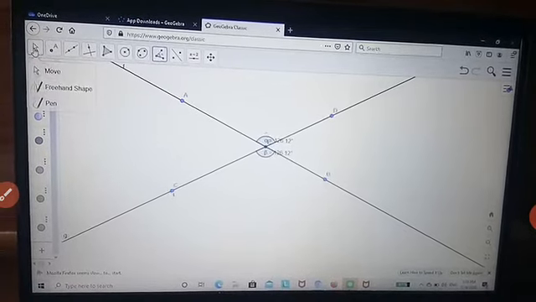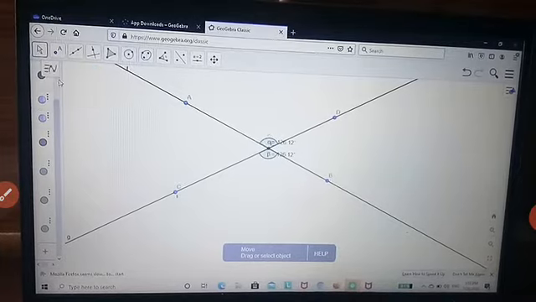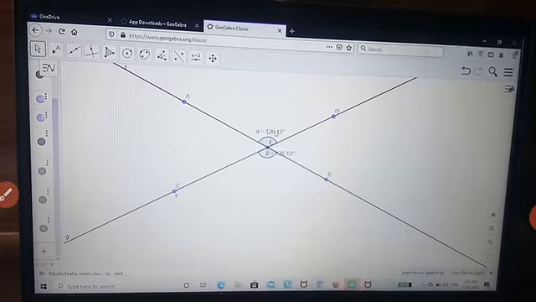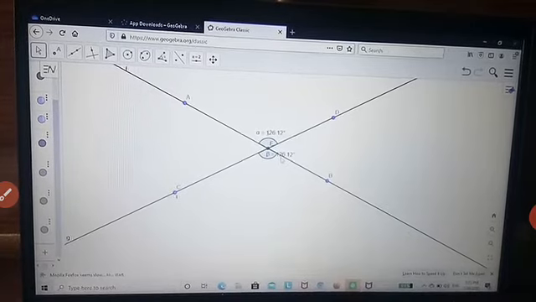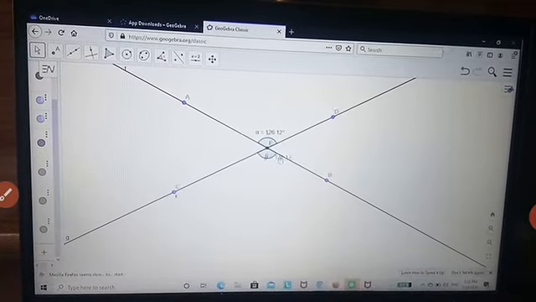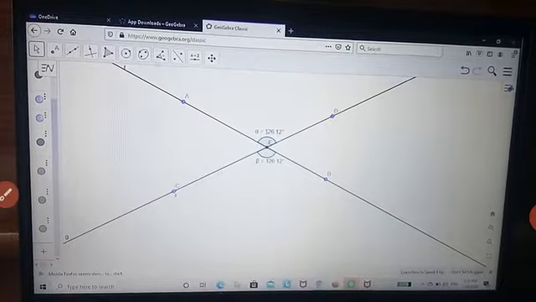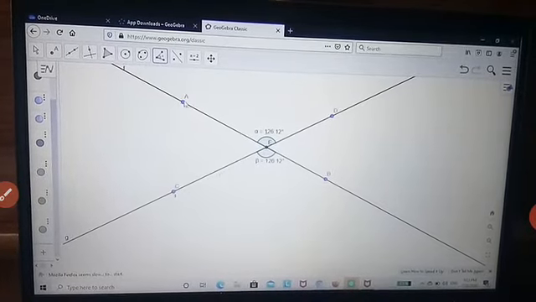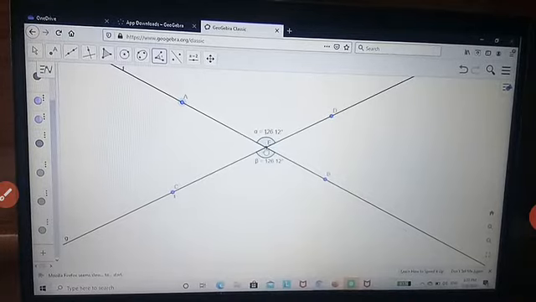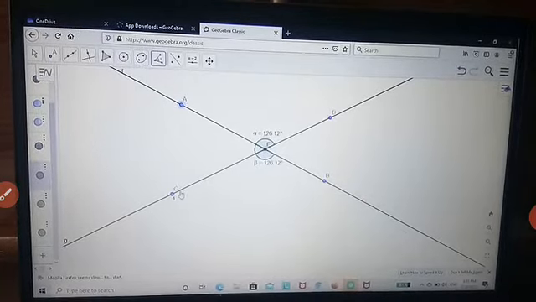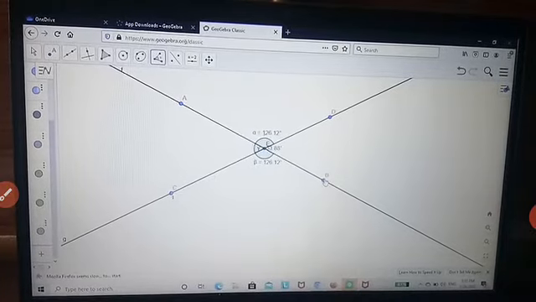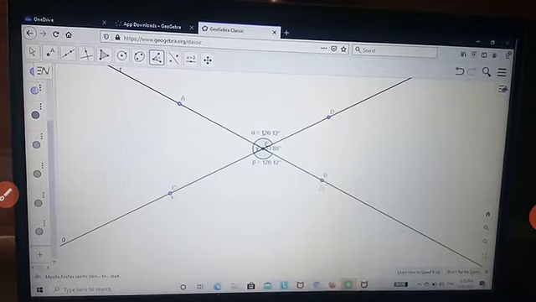So we can see these two angles which are vertically opposite are equal. The measure of each angle is 126.12 degrees. Now let us see the other pair of vertically opposite angles: angle AEC and angle BED.